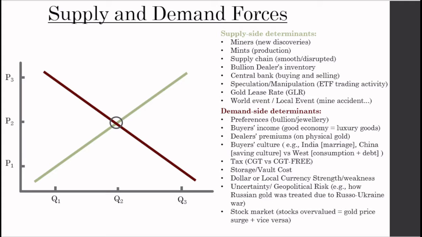Consumers, on the other hand, are said to follow the law of demand, which is: as the price increases, quantity demanded decreases, and vice versa. As the price decreases, quantity demanded increases. But why does that happen? Well, the measure of success for consumers in the market is maximizing utility.